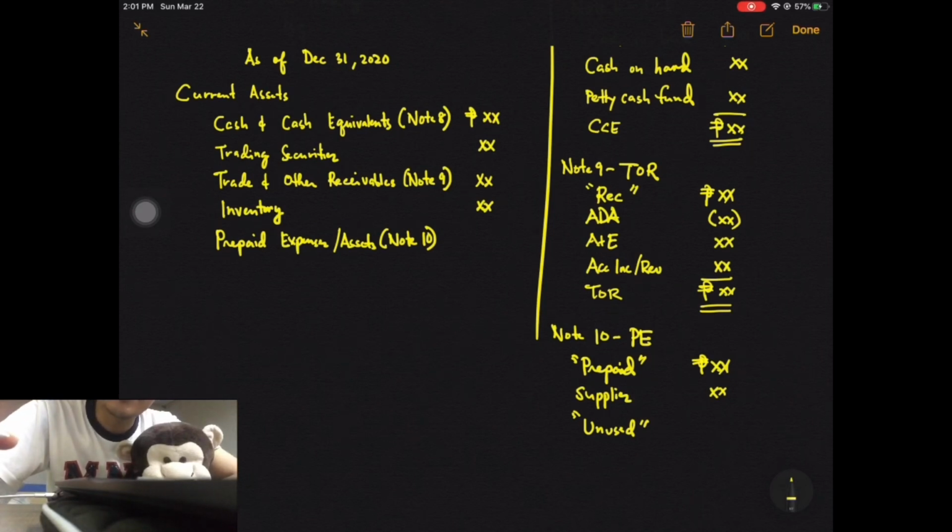So it's the same thing with prepaid. You already paid for something and then you are still not using them. They will still be part of your assets. But again, once you use them, it will be charged to expenses. So anything with prepaid, anything with unused, and then of course your supplies will fall under prepaid assets or prepaid expenses.